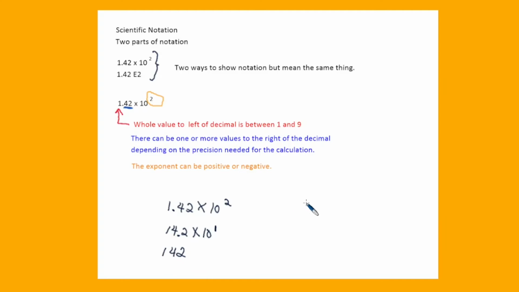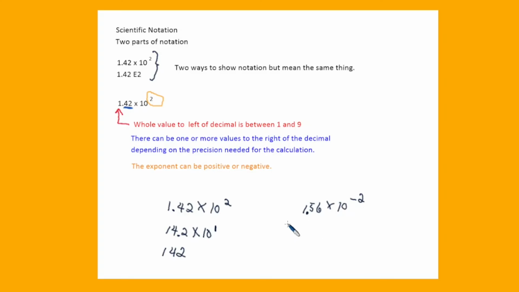Now, let's go over here, and let's say that we have 156 times 10. Well, let's make that 1.56 times 10 to the minus 2.